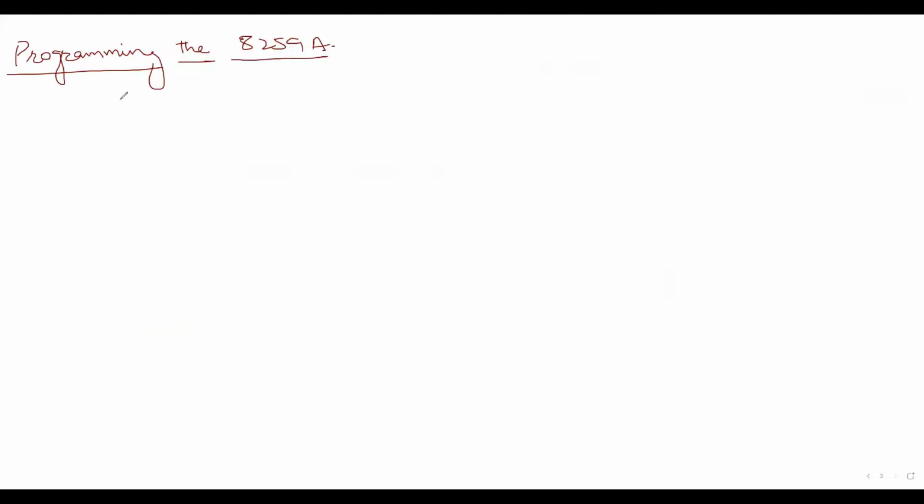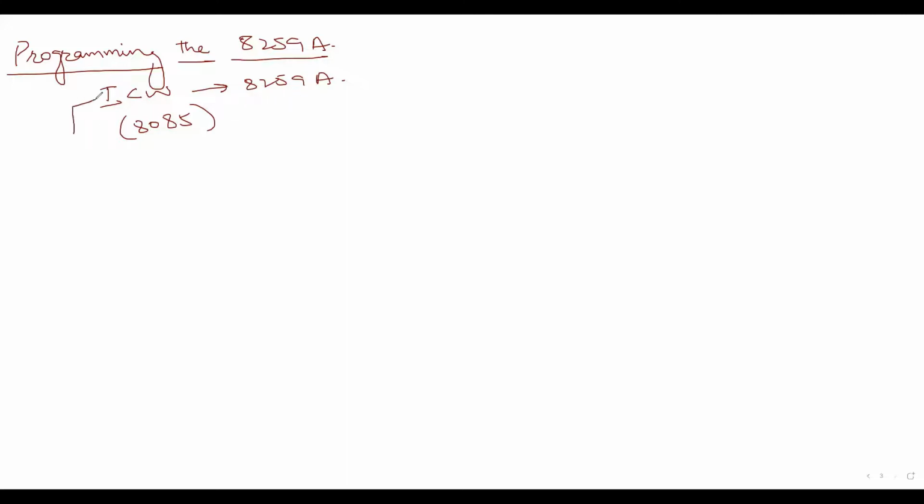Programming means how we are giving the ICW, initialization command words, to 8259A, and these words are to be given from 8085. Or we can say we have to understand what instructions are used to transfer these initialization command words from 8085 to 8259A.